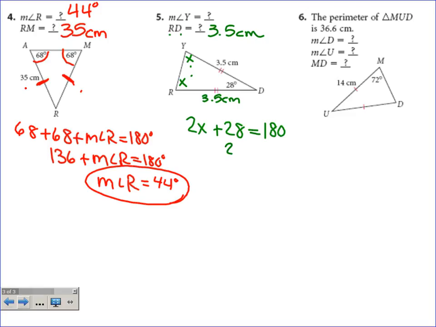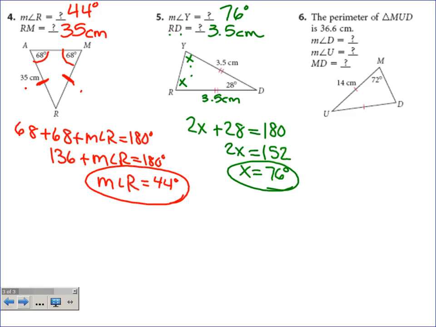This would be 2x equals 152. If you divide both sides by 2, that is 76 degrees. And I'll also put that up here, 76 degrees. Is that all right? Okay.